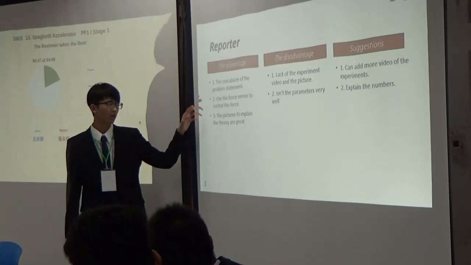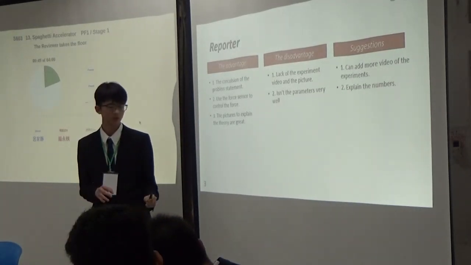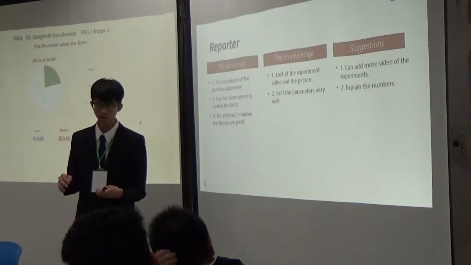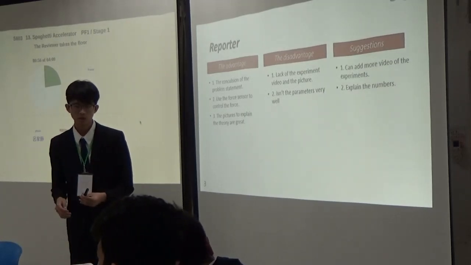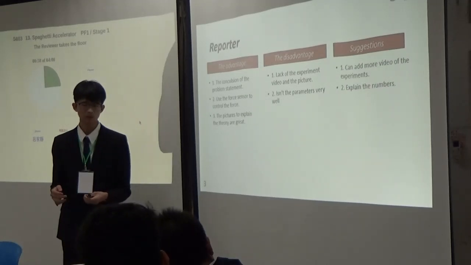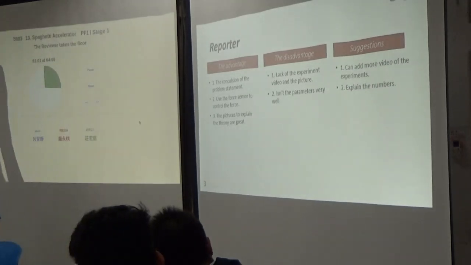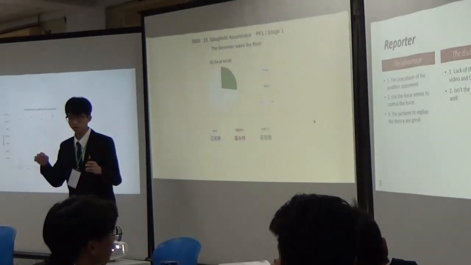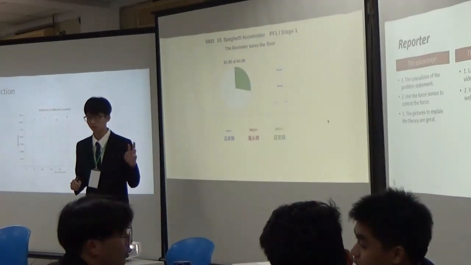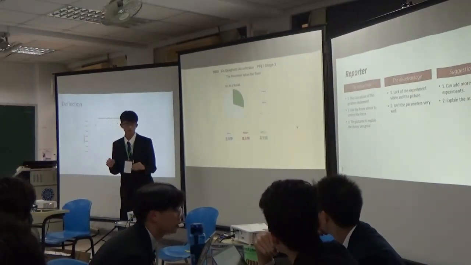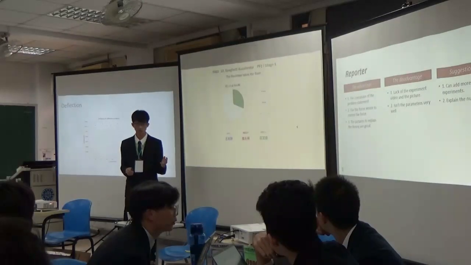Second, she used the force sensor to control the force and make sure the force in every experiment is the same, reducing mistakes made by humans. She also has a graph to show her theory, which lets us know the theory faster.